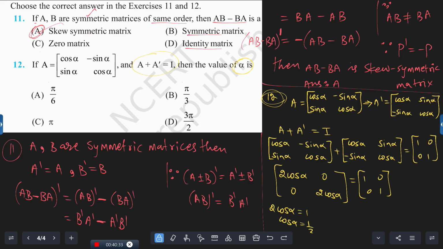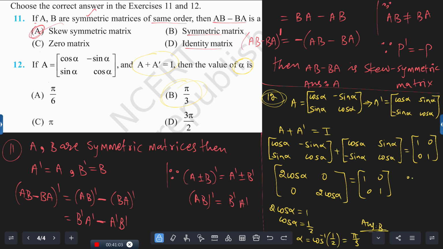Alpha is equal to cos inverse of 1 by 2. For what angle will you get 1 by 2? 30 or 60? 60 degree, that is pi by 3. Option B is our required answer.